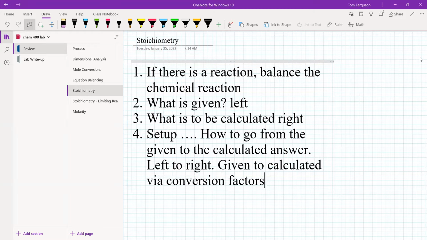Again, there's a reaction, balance the chemical reaction. What's given, what's calculated, and then there's a setup. When there's a chemical reaction, there's a little more to the calculations. Step number 1 is we have to balance the equation. So I want to go over balancing equations.